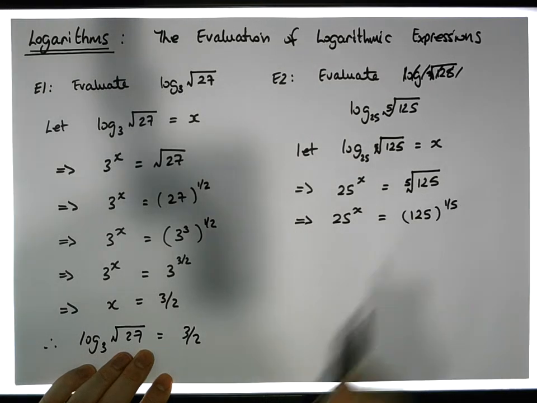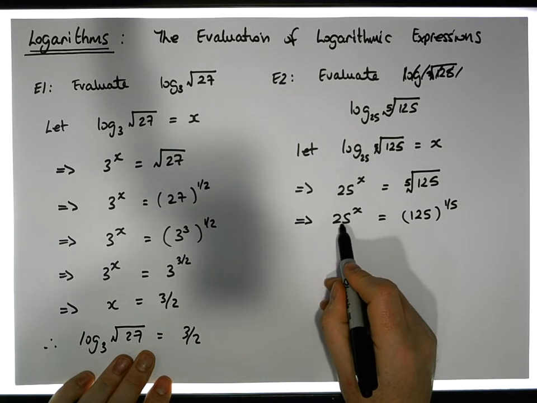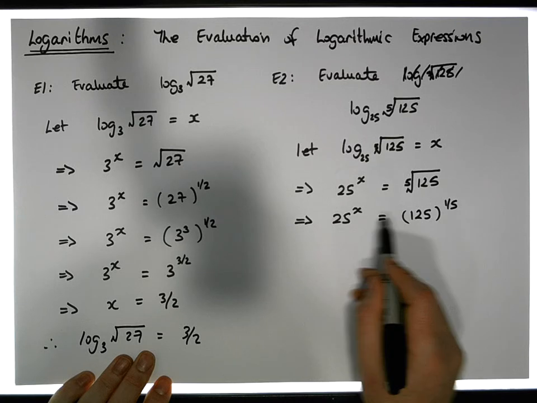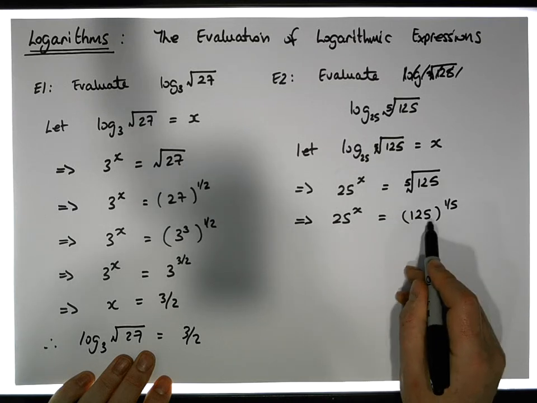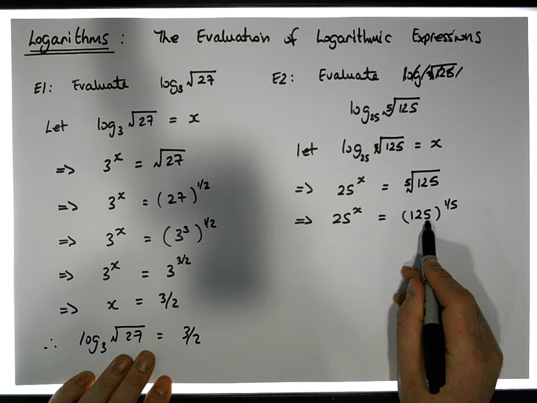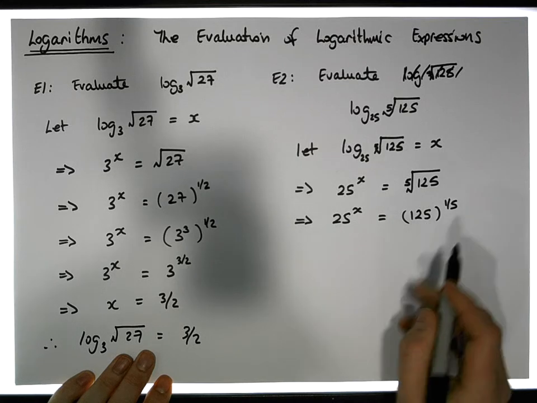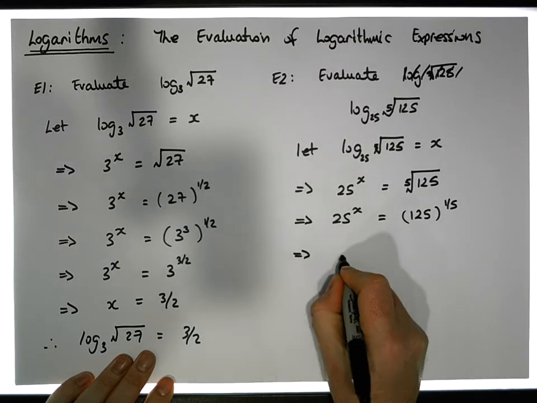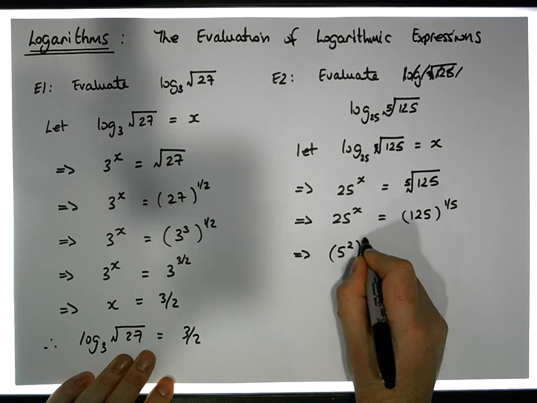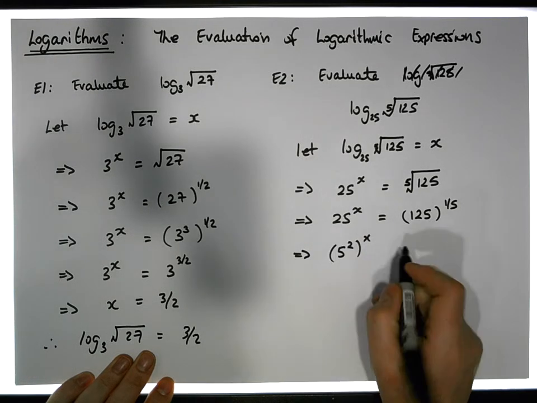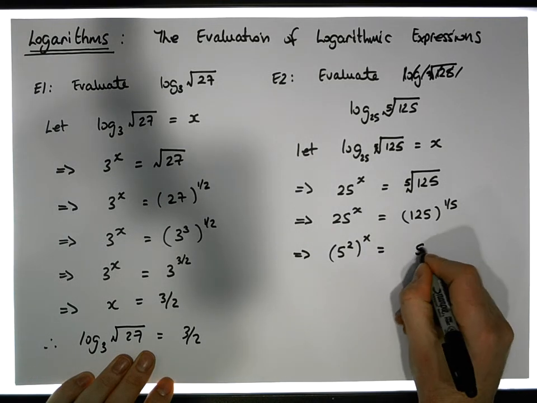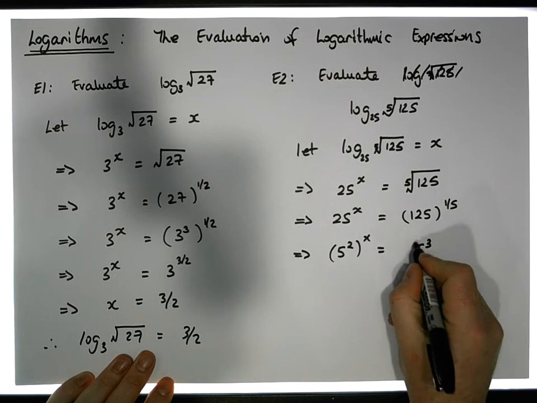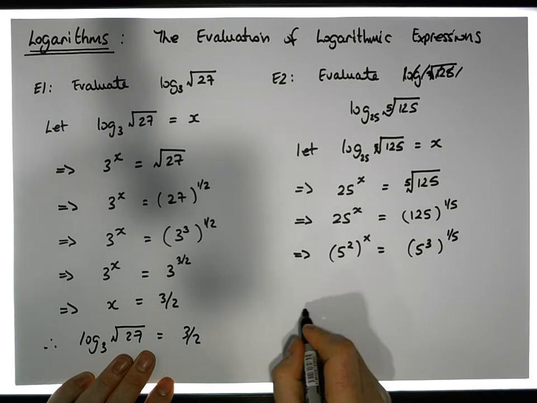What about 25? As a power of 5, 25 is 5 squared. And 125 as a power of 5 is 5 to the power of 3. So 5 squared raised to the power of x must be equal to 5 cubed raised to the power of a fifth.